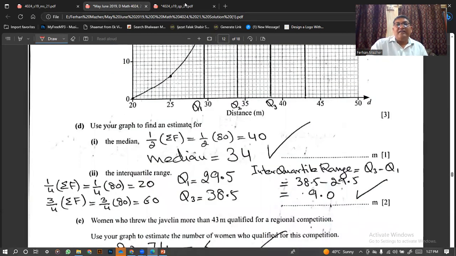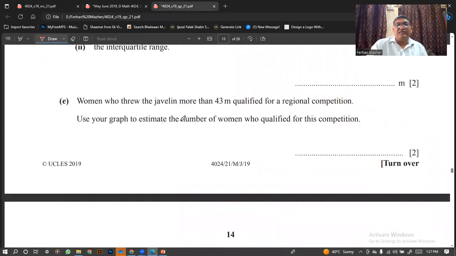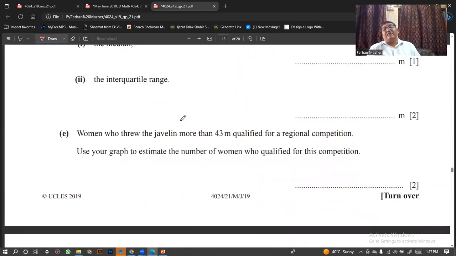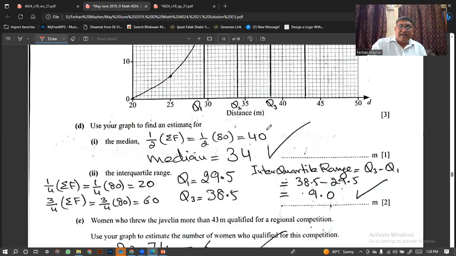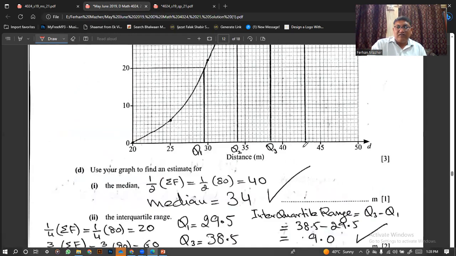Okay. Then the question is, the women who threw the javelin more than 43 meters qualified for a regional competition. Use your graph to estimate the number of the women who qualified for this competition. More than 43 meters. So that is here. So from 40, this is basically how much? 43.